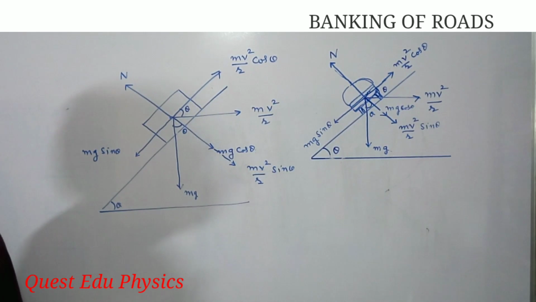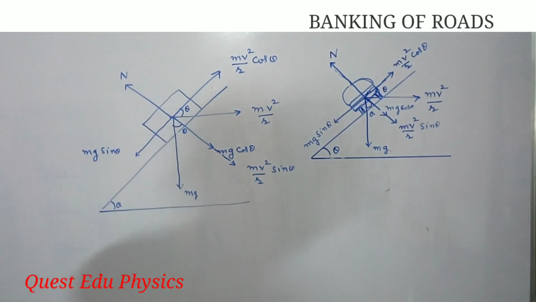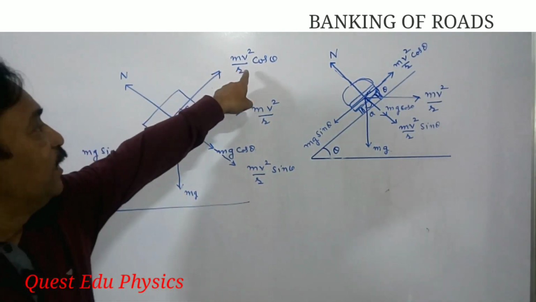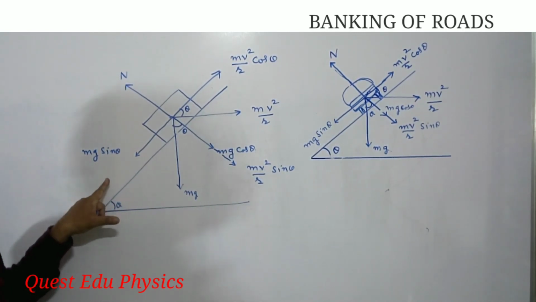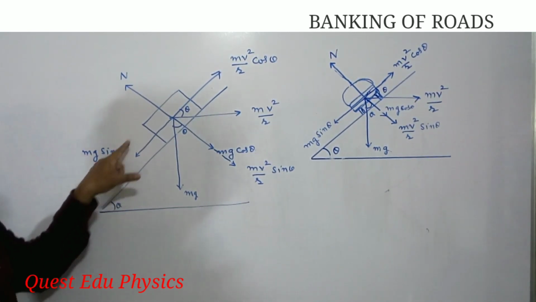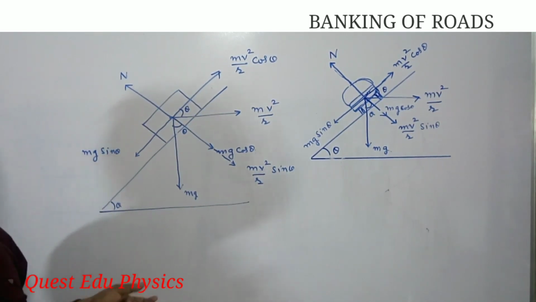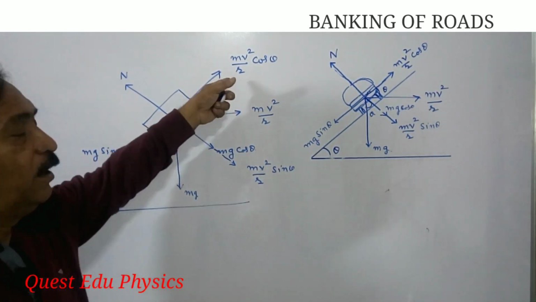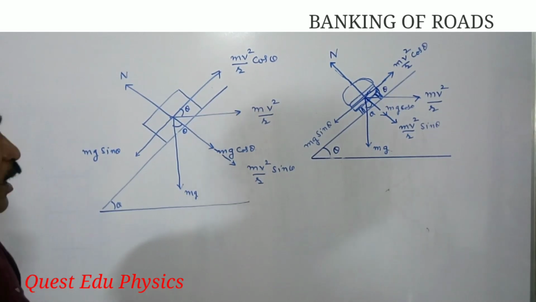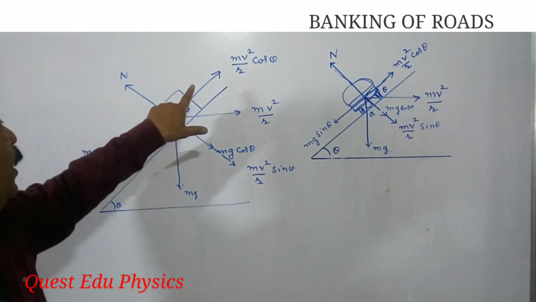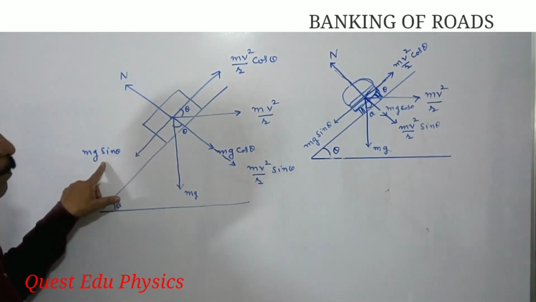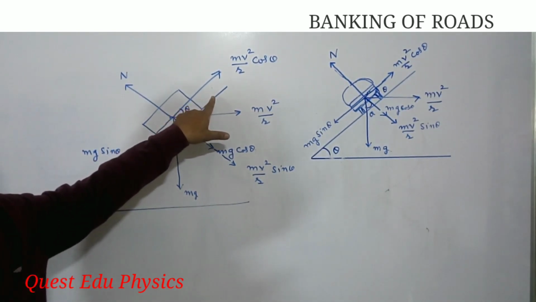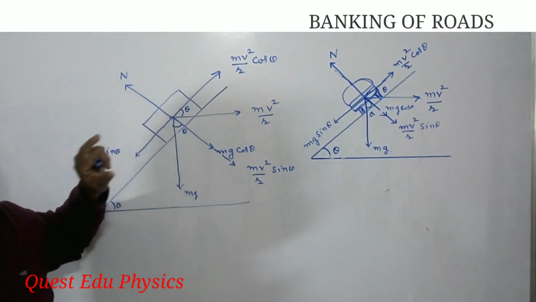It's the needed diagram, students. I hope you understood. If you watch carefully, mv²/r cos theta might be equal to mg sin theta. If the two are equal, then we should not worry, that means the vehicle is balanced. Just imagine that mg sin theta is greater than mv²/r cos theta.